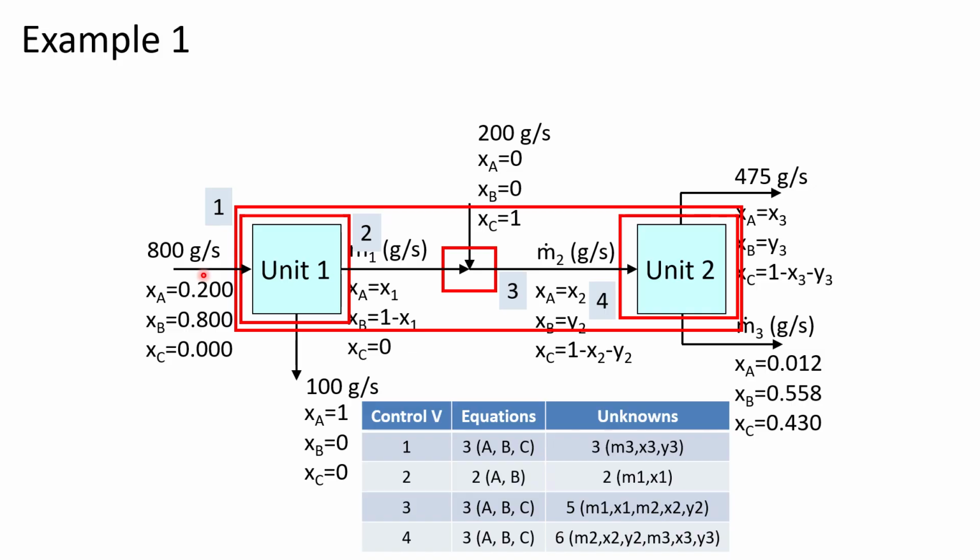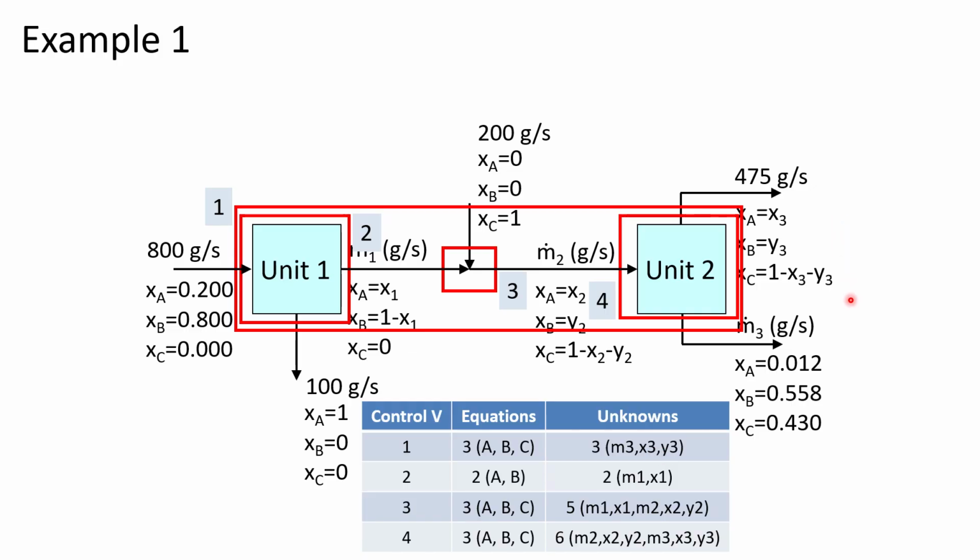So let's go around control volume 1, starting here at the feed to Unit 1. There are no unknowns in this stream. Moving around clockwise, the stream that enters the mixing point is totally known. There are no unknowns here. The top product from Unit 2 has 2 unknowns associated with it, X3 and Y3, which are listed here in the table.